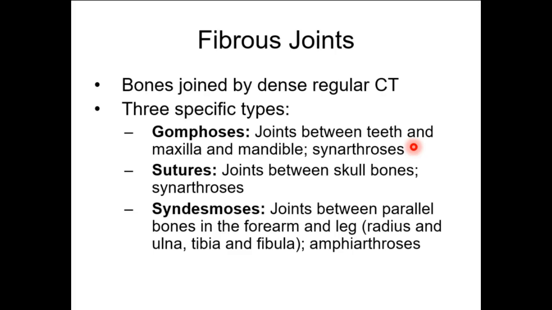All of those joints are gomphoses. If I say gomphosis, it's teeth. If it's teeth, it's gomphosis. You're done with gomphosis. And it's a fibrous joint. And if you've ever had braces, you know that this joint really does not want to move, right? So we're going to call that synarthrotic.